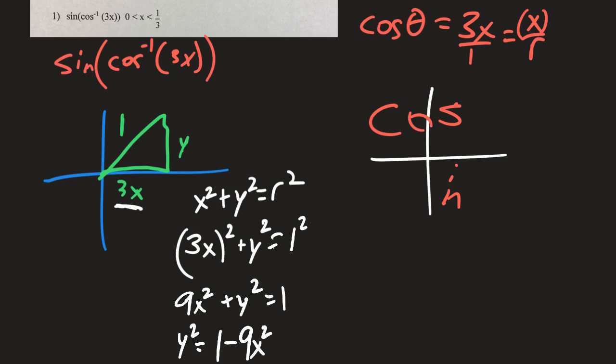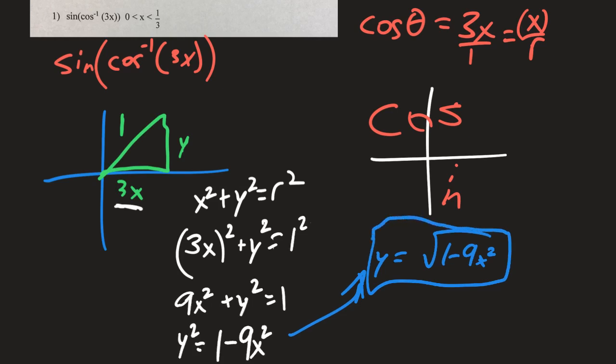And now, to get just plain y by itself, I'm going to go ahead and solve this and get y equals the square root of 1 minus 9x squared. All right. And I've got a y value now to go with my triangle. Square root 1 minus 9x squared.